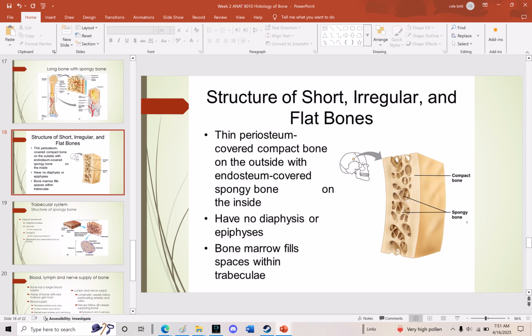Now, this flat bone doesn't have a diaphysis, there's no epiphysis, and bone marrow actually fills in the spaces where we see the trabeculae. So again, here we can see that diploe, or that spongy bone.